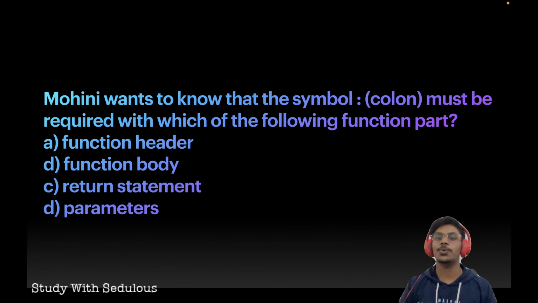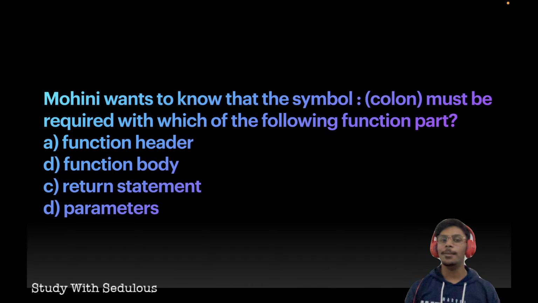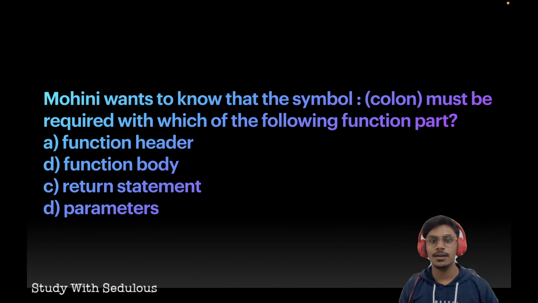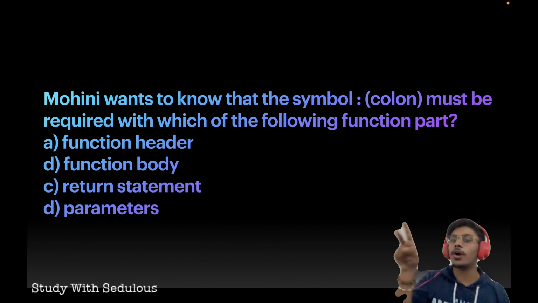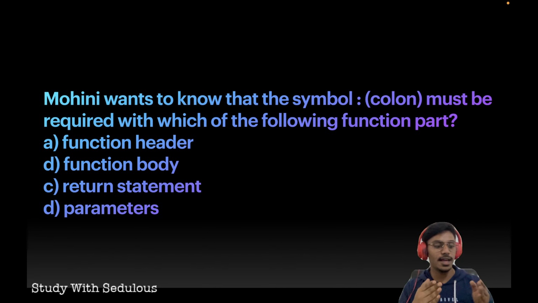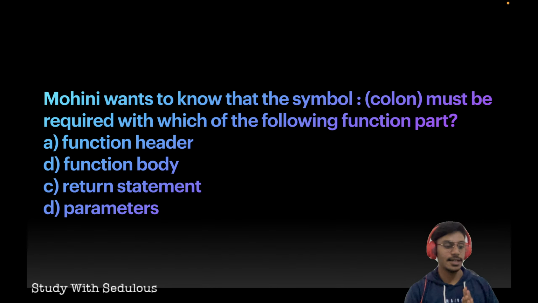Mohini wants to know where the colon symbol must be required. The colon symbol must be required with which of the following function parts? Is it in the function header, the function body, the return statement, or the parameters? Do we need any colon in parameters? No, we don't. Return statement? No, we don't.